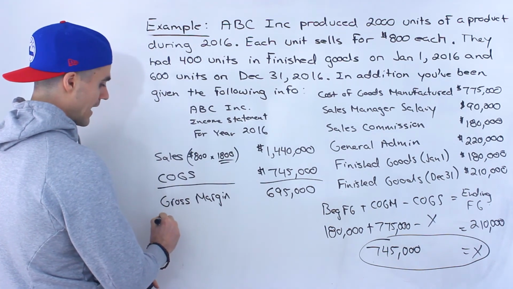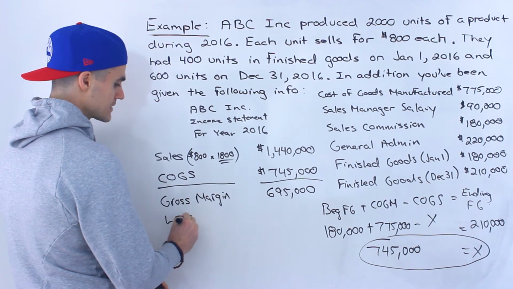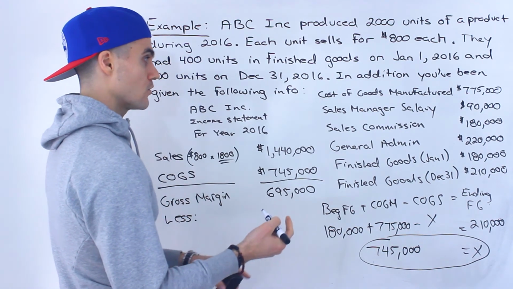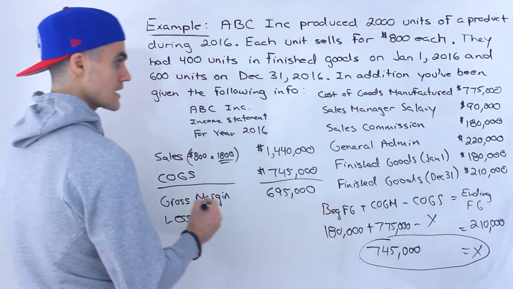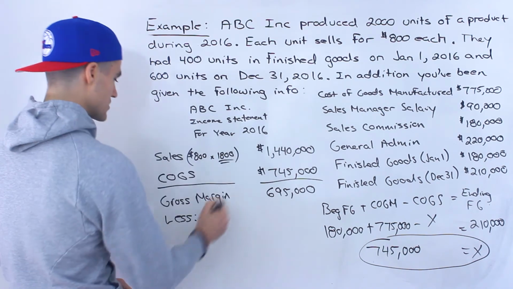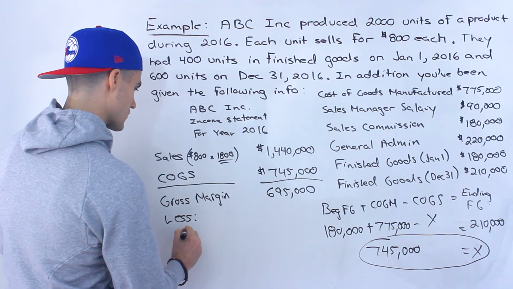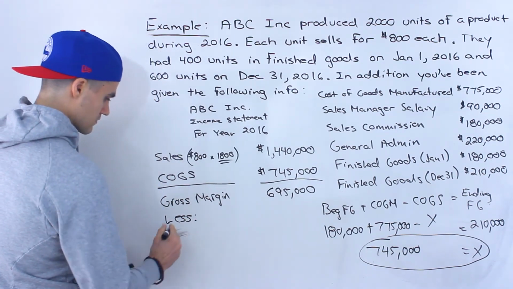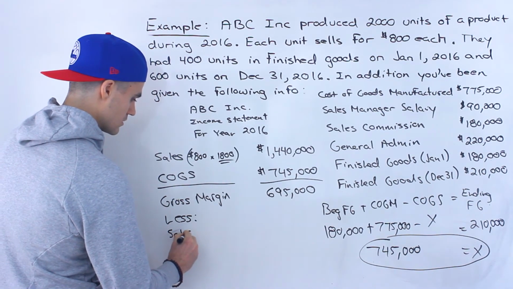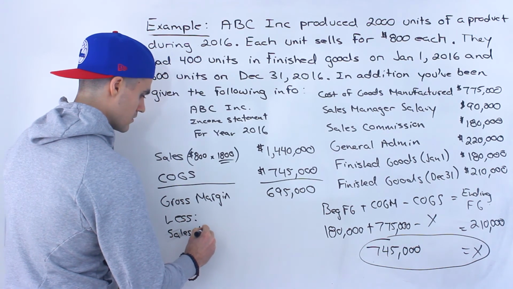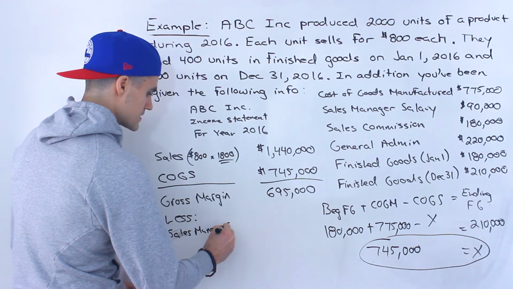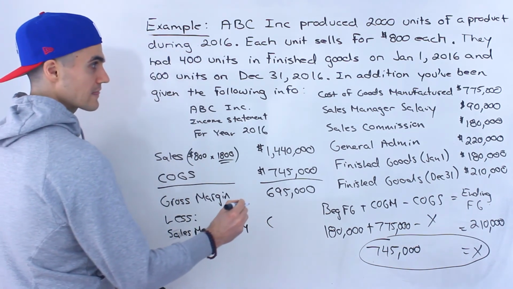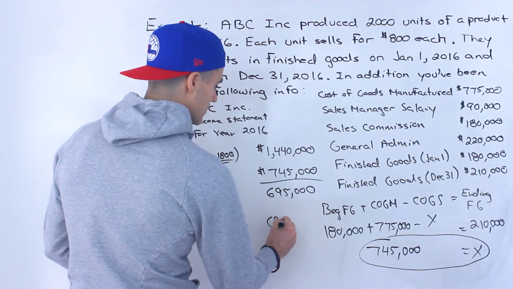And then we have to subtract the period costs from that. So the period cost in this case is the sales manager's salary. So let's write that here. So we have sales manager salary. So we're going to subtract that. That's going to be 90,000.